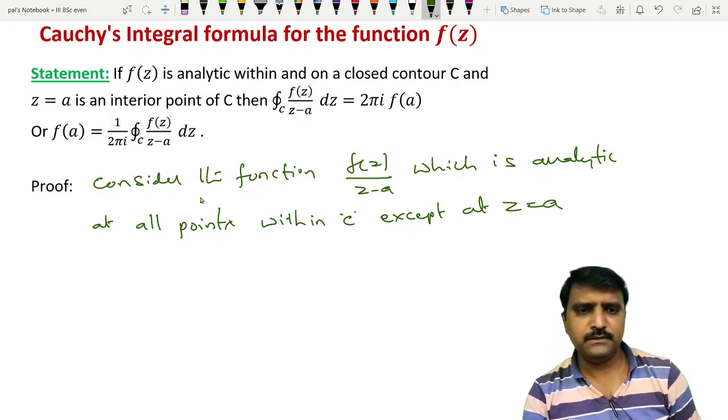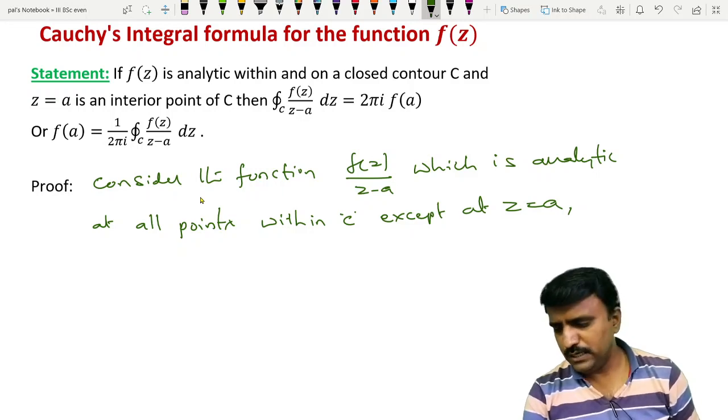I already told you that it is not analytic at z is equal to a. If you take z is a, then the denominator becomes 0, so at that point the function is not analytic.